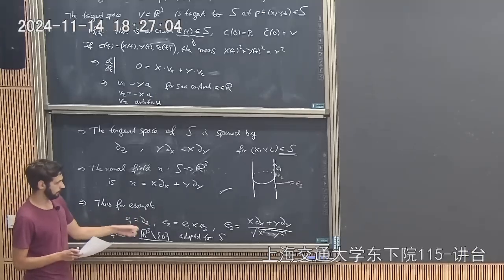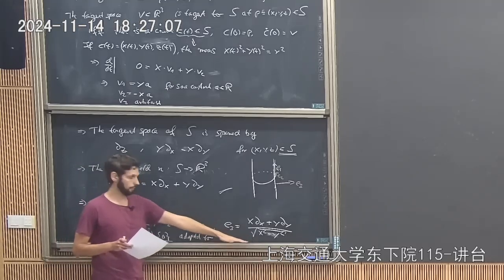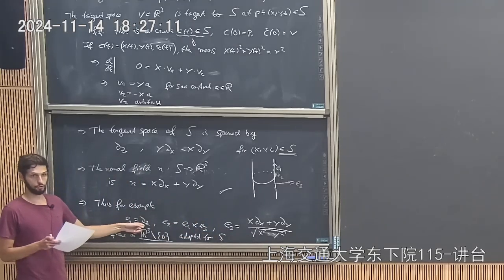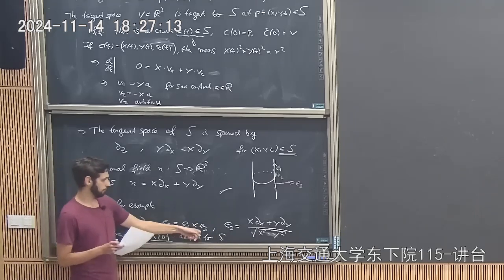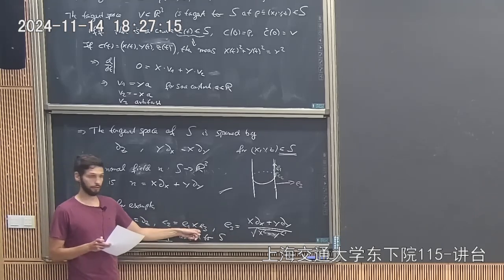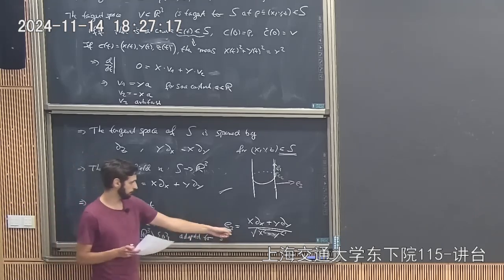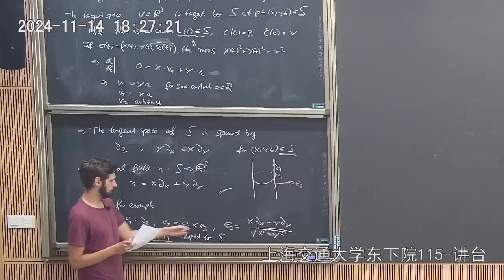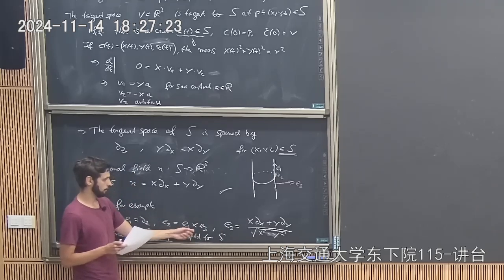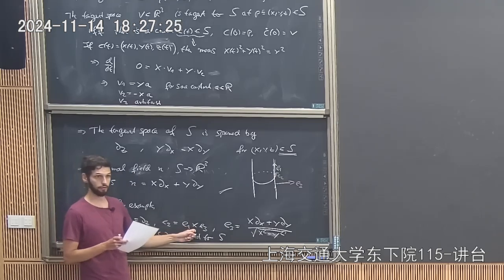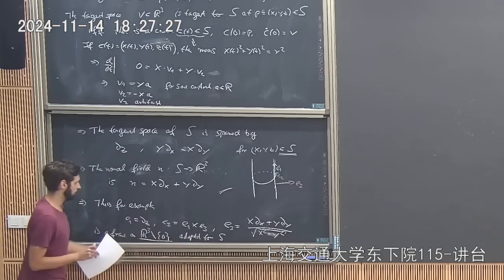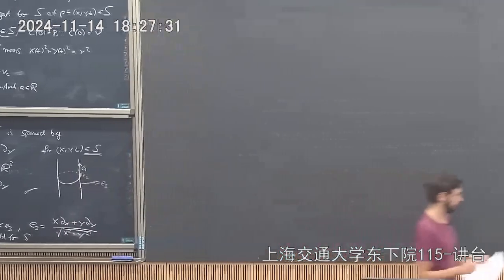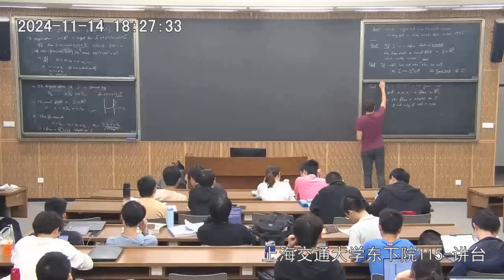You pick E3, which is given to you as the Gauss map. Then E1 I can choose, and then E2 is essentially given by this formula: once you know E1 and E3, you know that E2 has to be orthogonal to both of them and of unit norm. So essentially you're forced to take this one, plus or minus. So that's the idea, that you essentially don't have any freedom except for this one vector field.